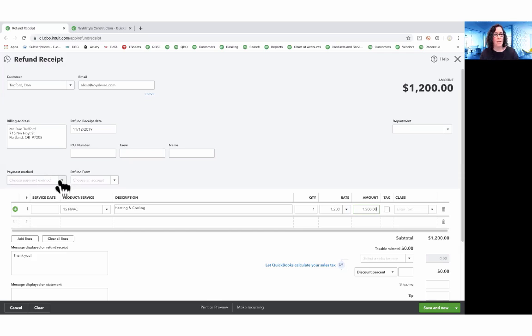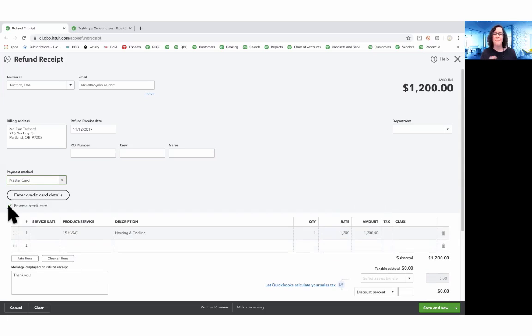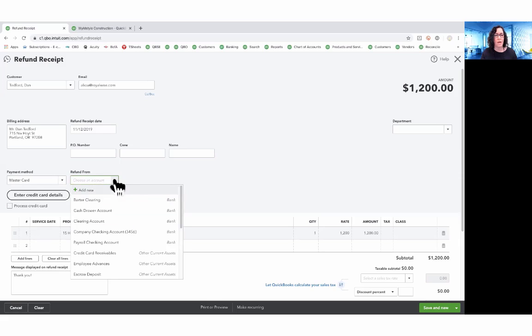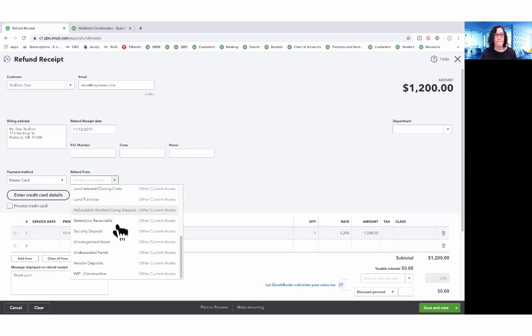Over here on the left-hand side, it asks what your payment method is. And so let's say this was done by the MasterCard. If this was real life, you would also pull up their card details and you can refund their credit card right from inside your QuickBooks. In this case, I can't really process the card, but the refund is going to their MasterCard.